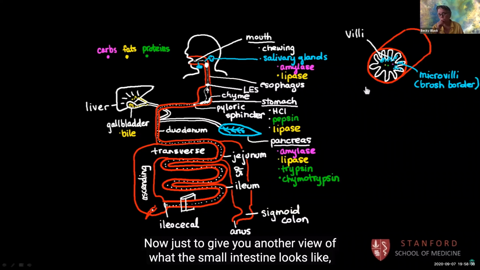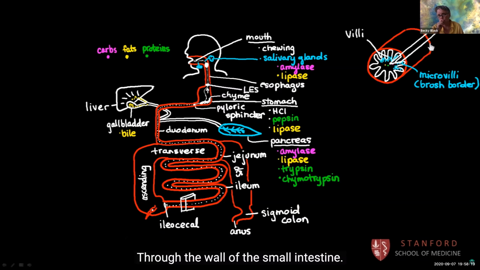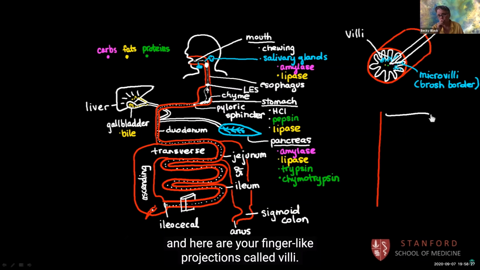Now, just to give you another view of what the small intestine looks like, what happens if I were to give you another cross-section that looks like this through the wall of the small intestine? What if we were to kind of slice it open? What you would see, you have your muscular wall here, and here are your finger-like projections called villi.